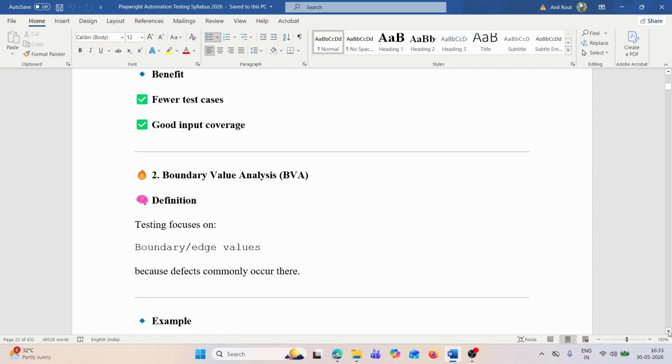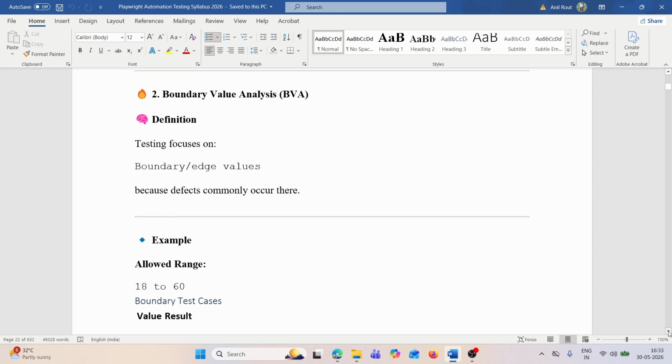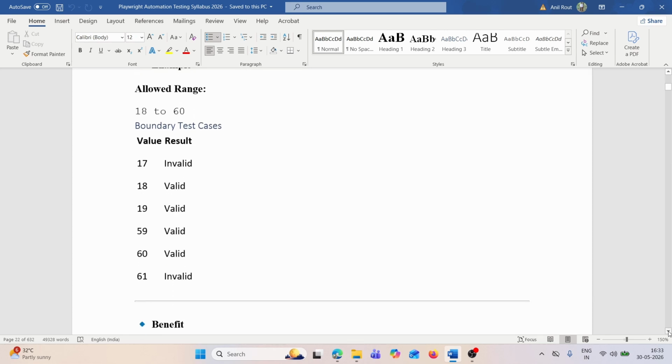The next one is boundary value analysis. Definition: testing focuses on boundary or edge values because defects commonly occur here. Example: suppose the allowed range is 18 to 60.